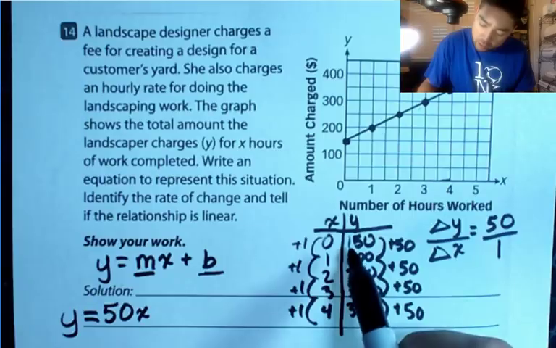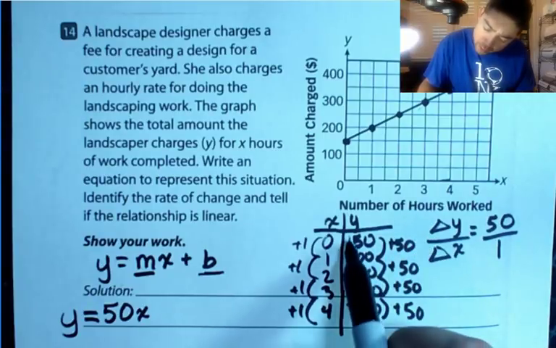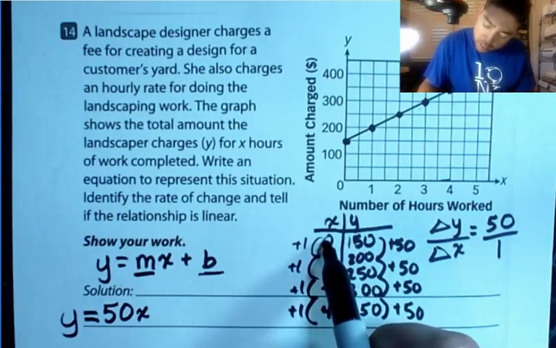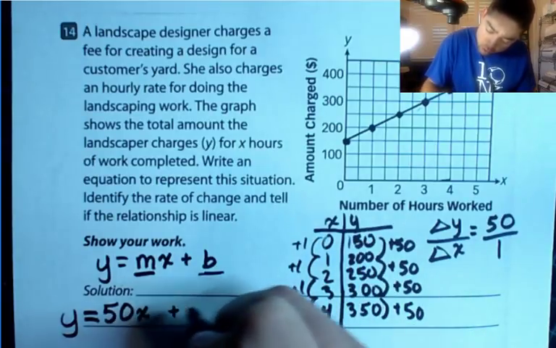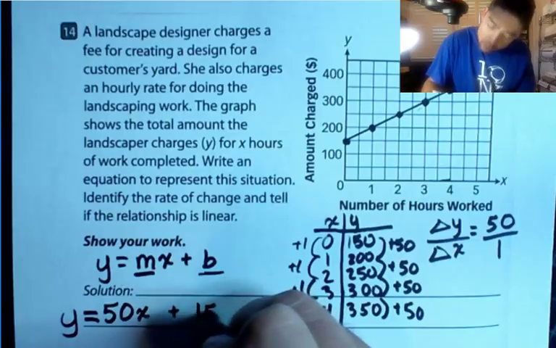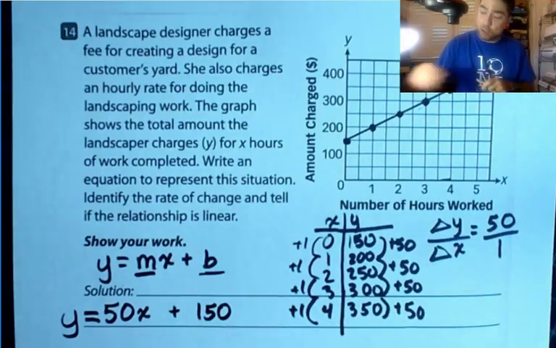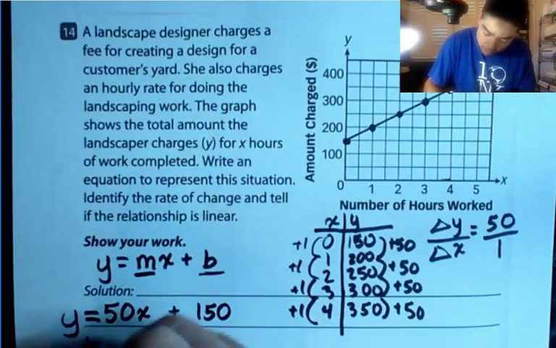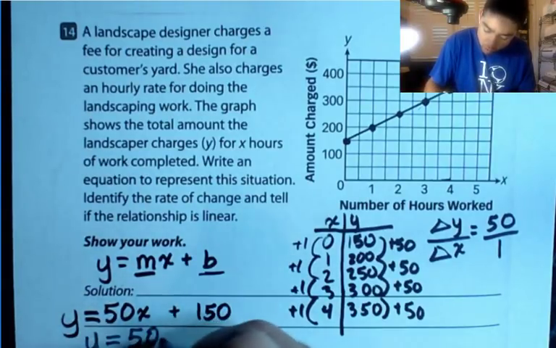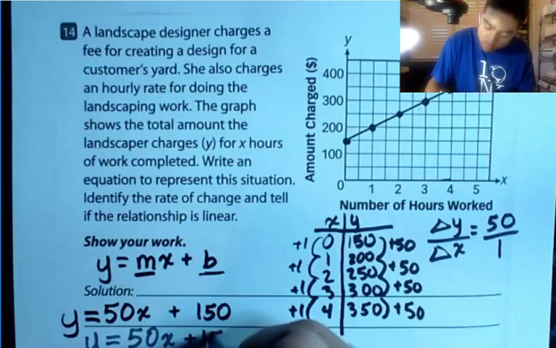If we look here, it starts at the x value of 0, the y value of 150. So y equals 50x plus 150. That's our equation for the line. I'm going to write it again in another color so you can see it a little bit better. y equals 50x plus 150.